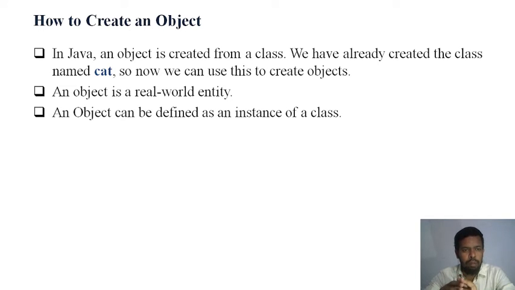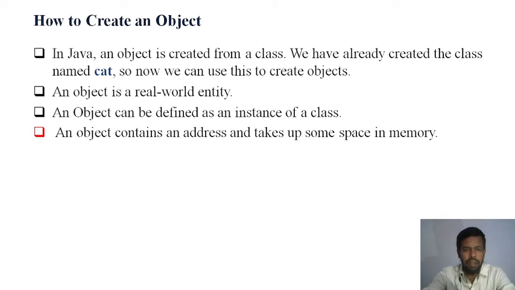So with the help of an object, we can access the variables and the member functions. An object contains an address and takes some space in memory. I already told a class does not consume memory space. The object consumes the memory space.